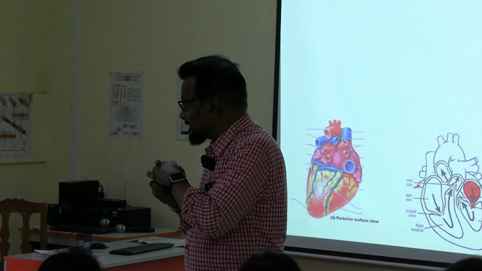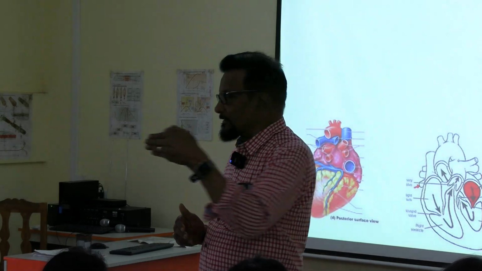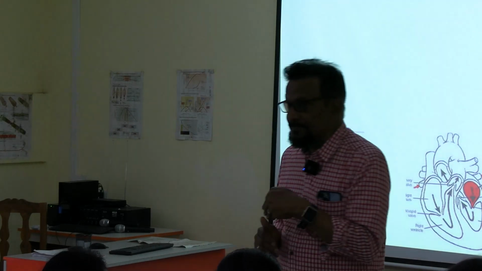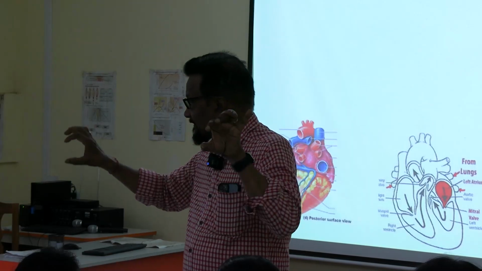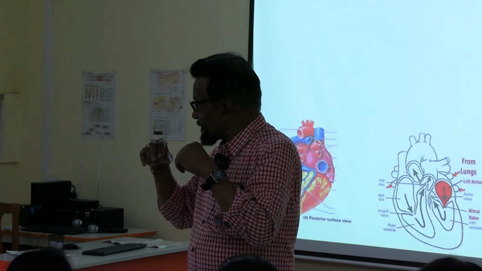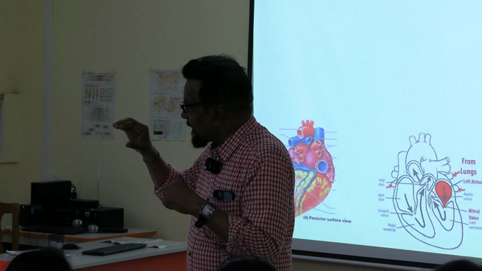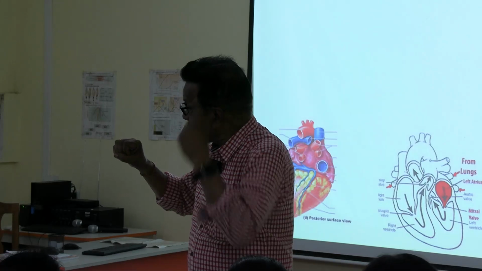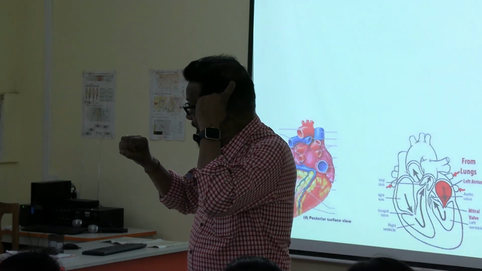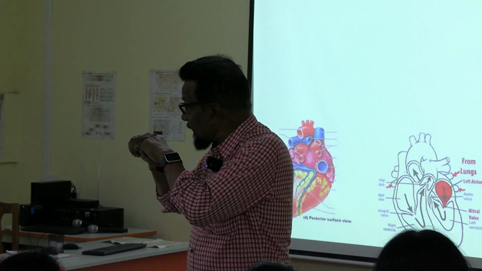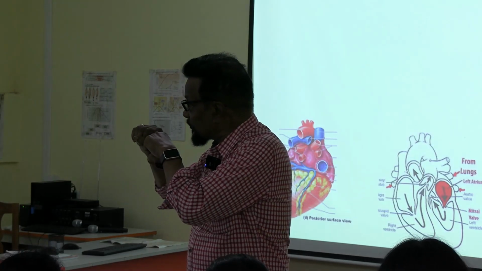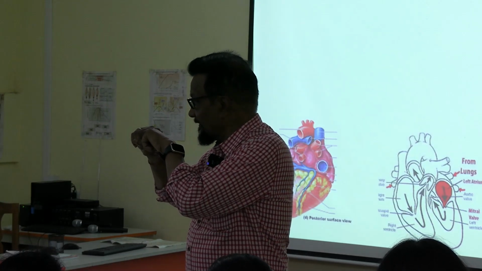Okay, this is one thing. Another reason for resistance is the muscular layer of these blood vessels. They may be contracted or relaxed by the neural system. When stimulated by the sympathetic nerve, they will contract and constrict the lumen.